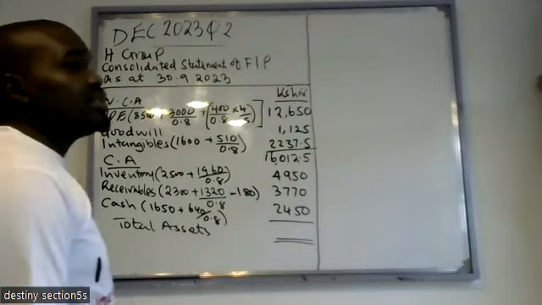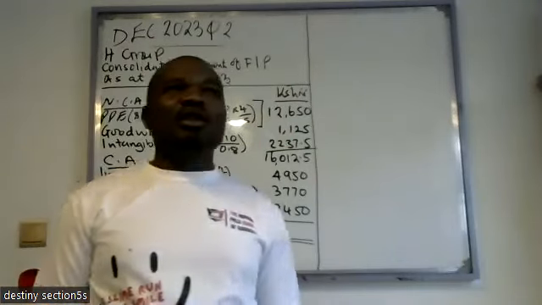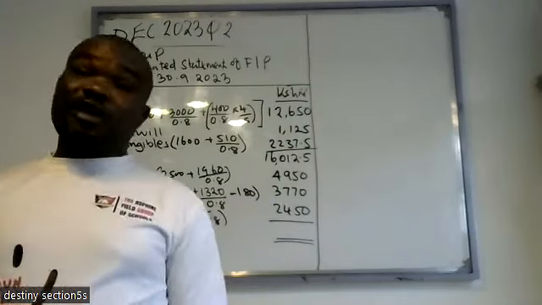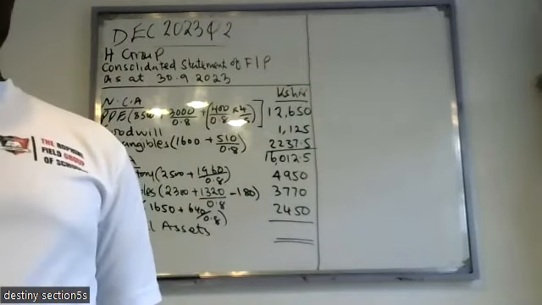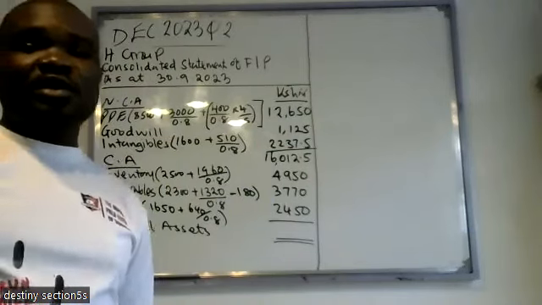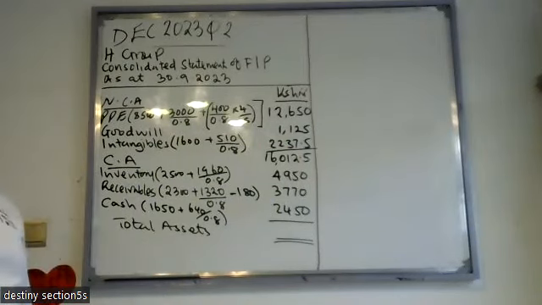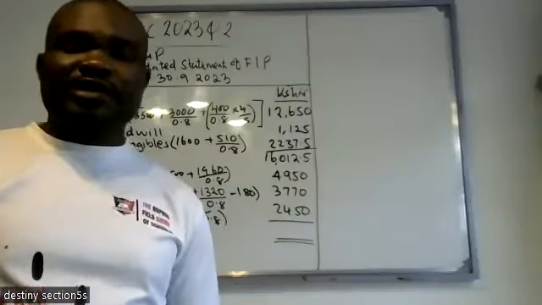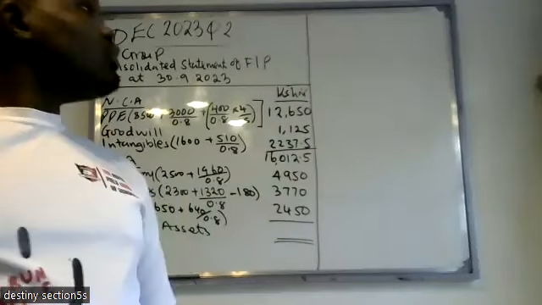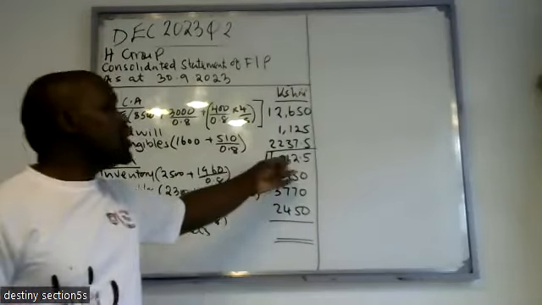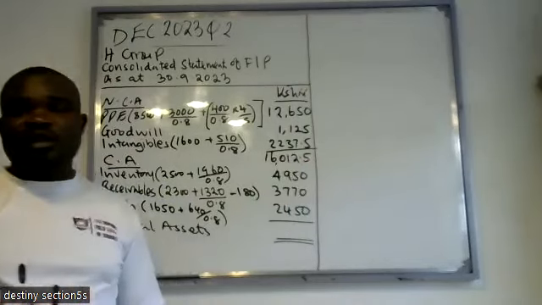We have only 3 minutes, and most probably I will eat your maximum 5 minutes, depending on the rate at which you are giving me the answers. So total assets will be how much? Just adding from 1601 all the way to this.